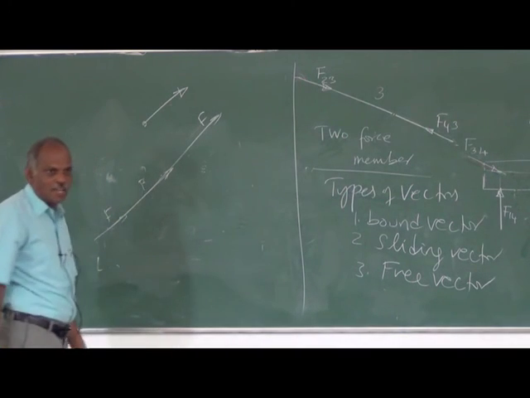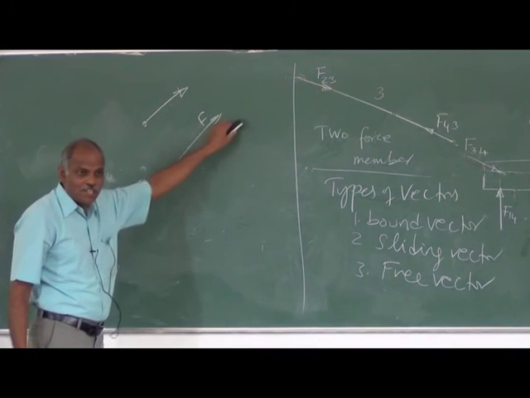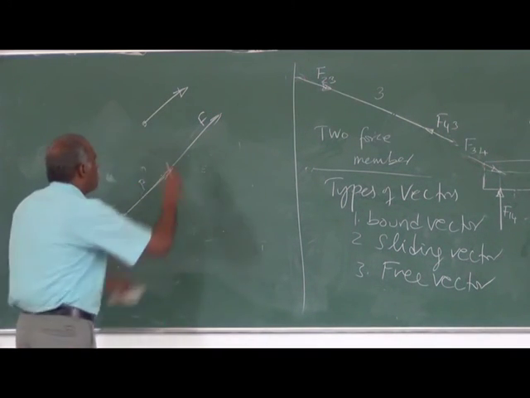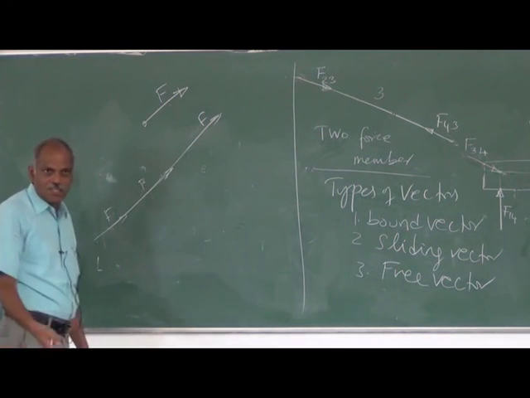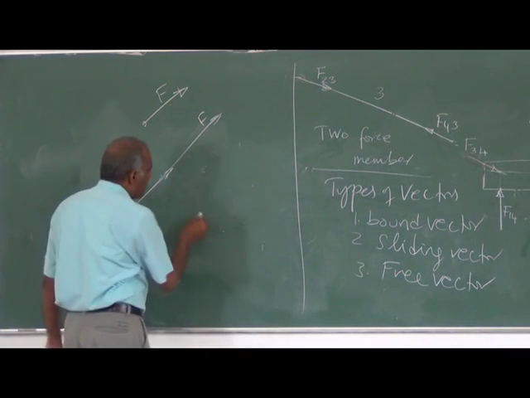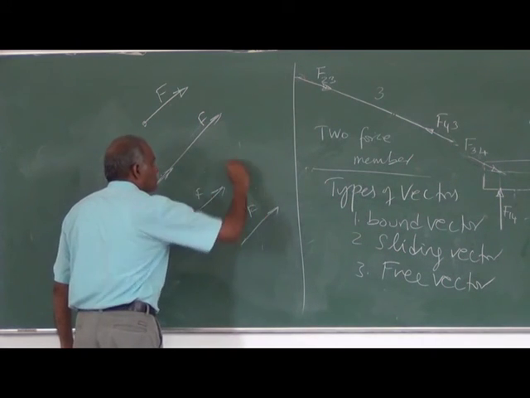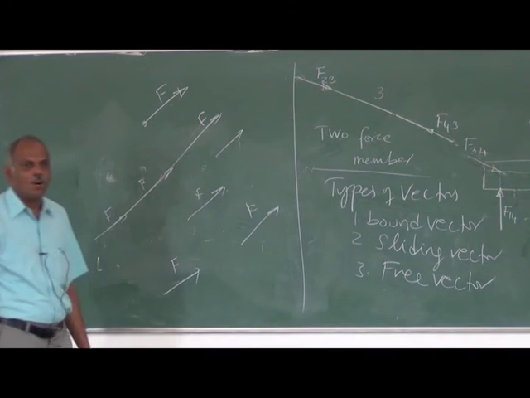All of them are treated as the same. The vector which is not permitted to move from its point of application is called a bound vector. The vector which can be moved anywhere is called a free vector.